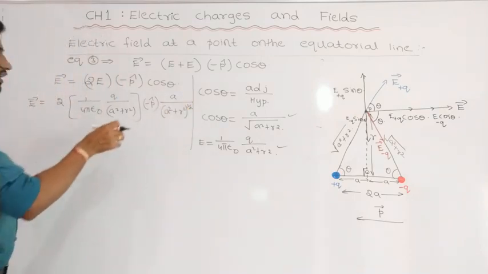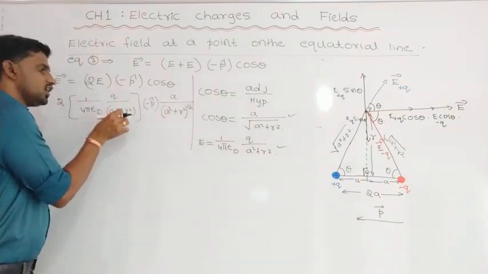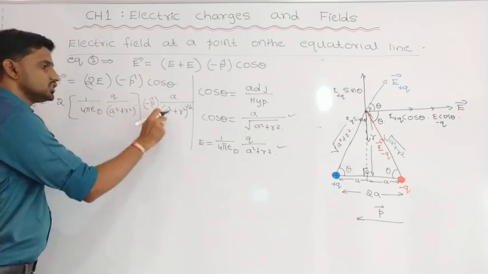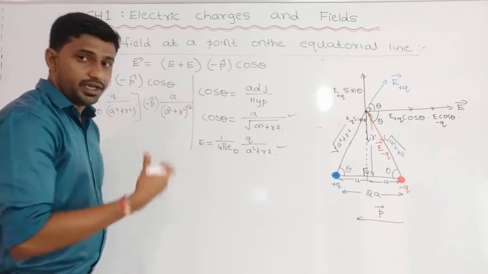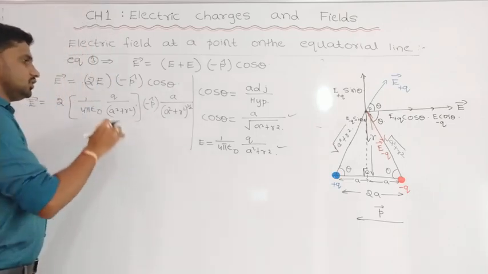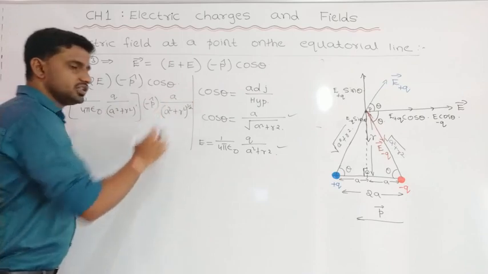Then in the denominator, if you observe, this is A square plus R square to the power 1 and this is A square plus R square to the power 1 by 2. Then you will get A square plus R square to the power 3 by 2.